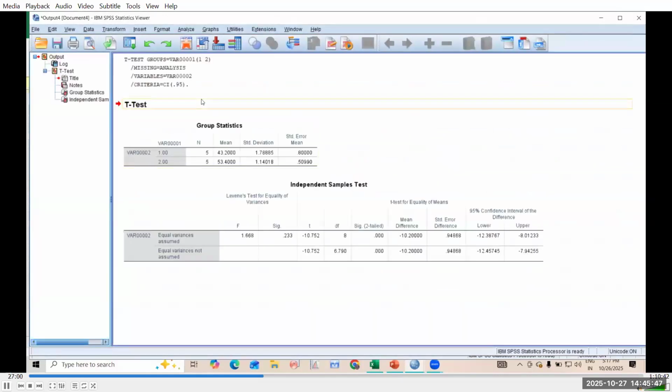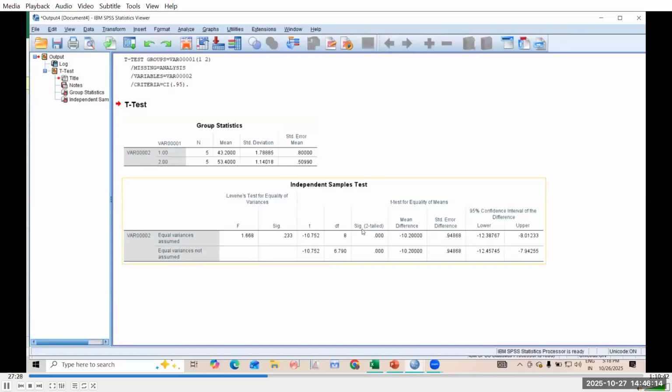We'll get the independent sample t-test value. This is the descriptive statistics where we can find the mean, standard deviation, standard error mean. And this is the table of the independent sample t-test. Here we can see that the significance is not less than 0.05, which means there is no significance.